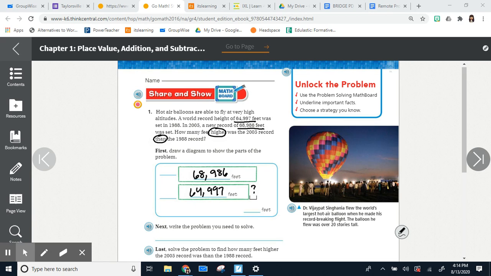Which means, when I say difference, that means we're subtracting. So we have to subtract 64,997 from 68,986. So I'm going to write that over here. And once again, I'm being careful to line up my numbers.